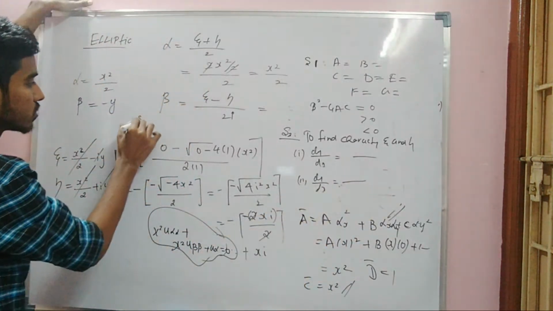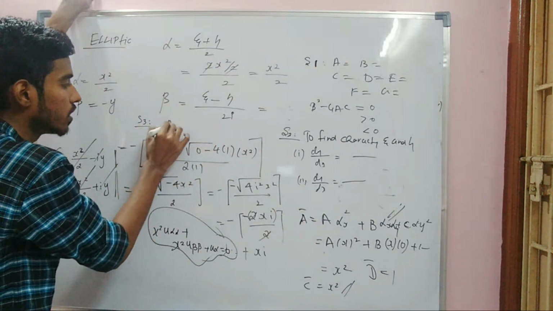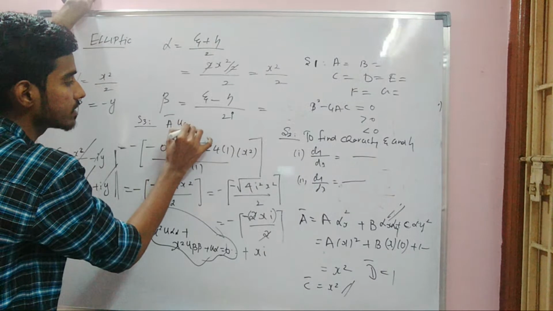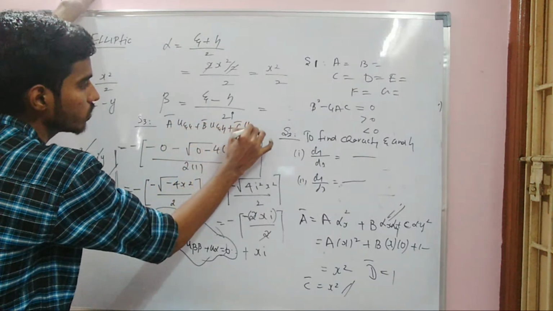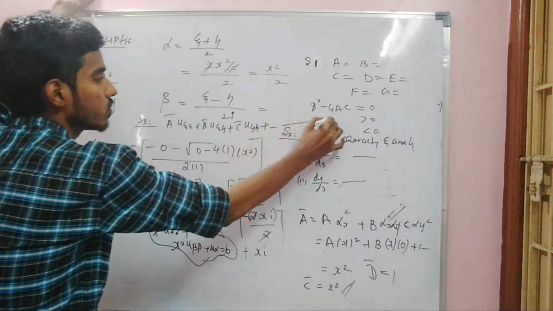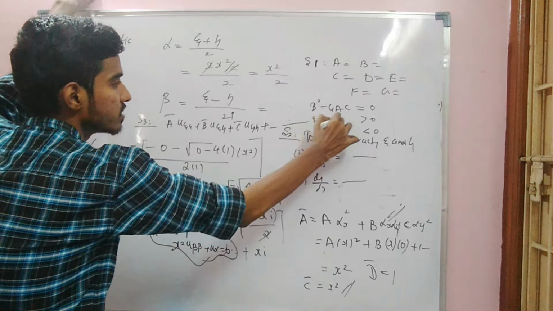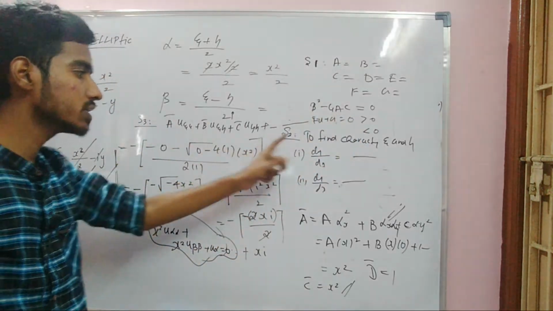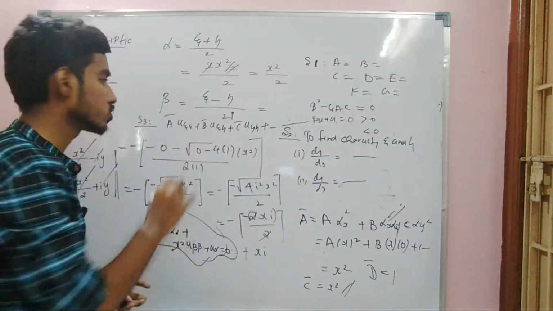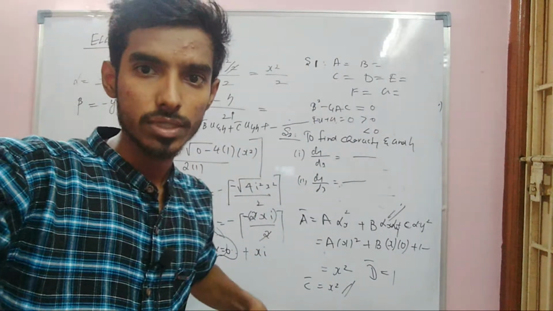Step 3, we know the canonical form, so you write the formula for the canonical form, that is a bar u theta theta plus b bar u theta eta plus c bar u eta eta plus d bar u theta plus e bar u eta plus f bar u is equal to g bar. Now you find a bar, b bar, c bar, d bar using those formulas and substitute here. So we have 3 steps. Coming back to the next question.